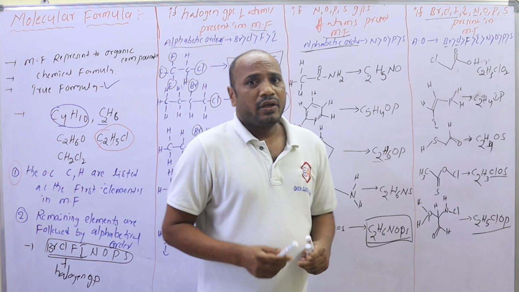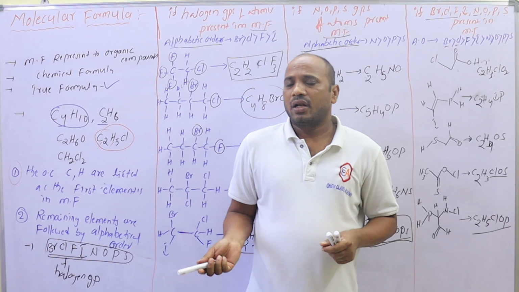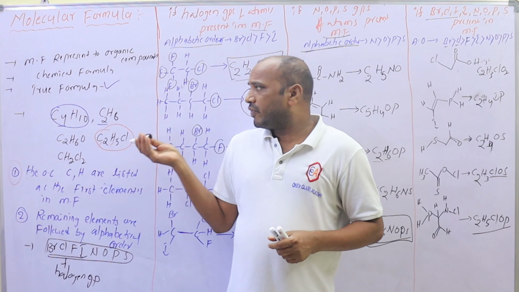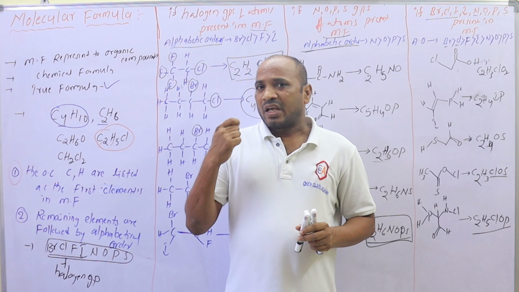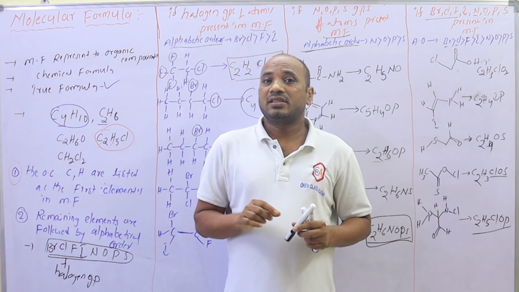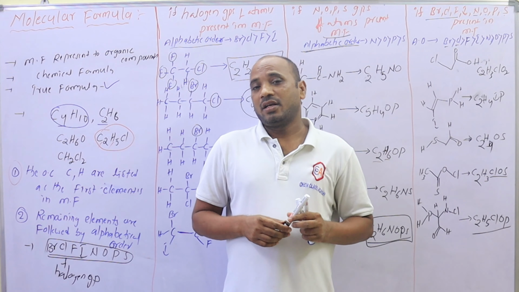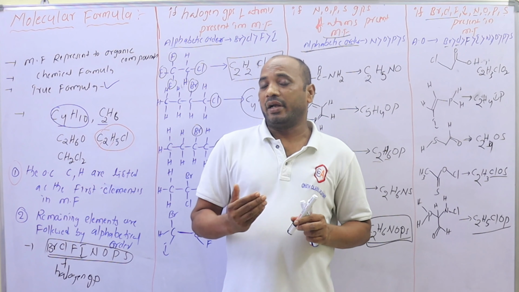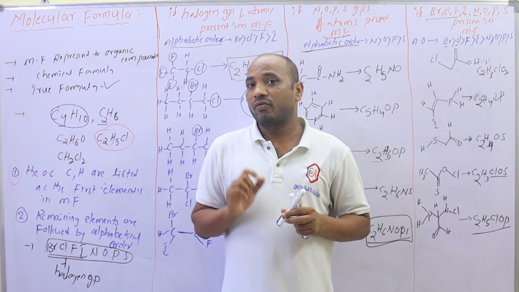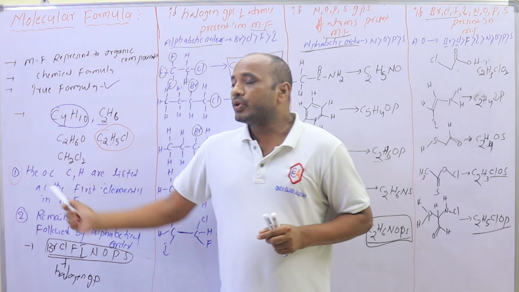So you can easily find the molecular formula from the given structures, whether a complete structure, condensed structural formula or bond line structural formula. You follow the 2 key points.